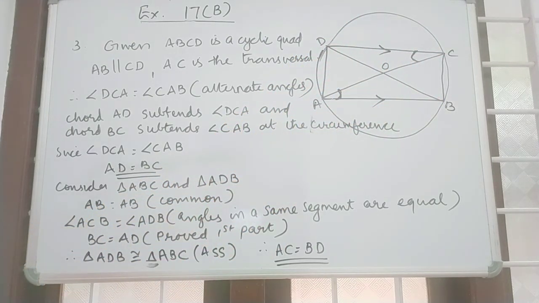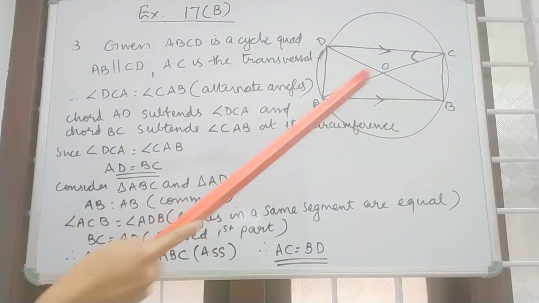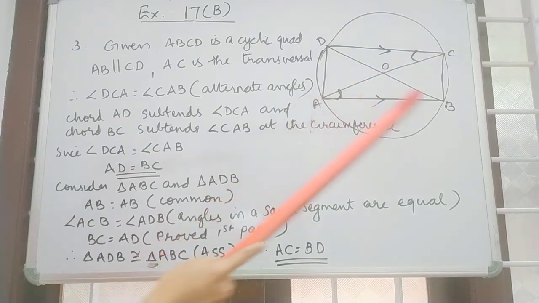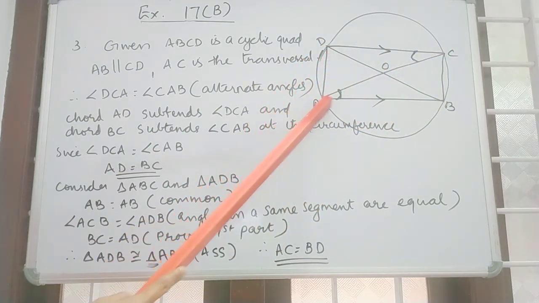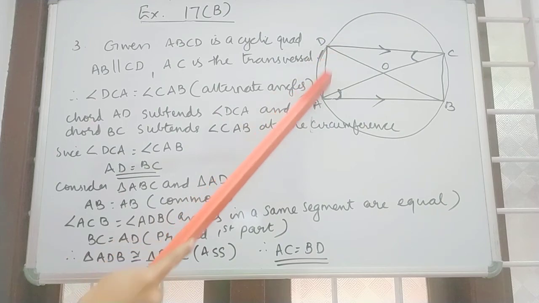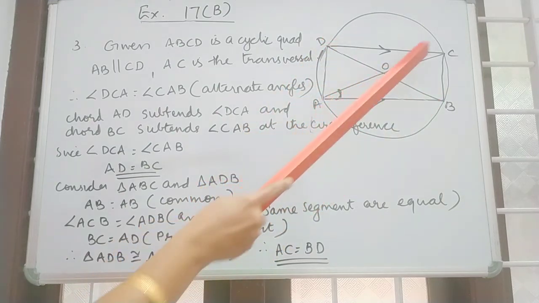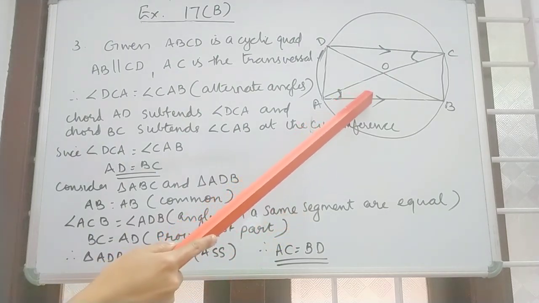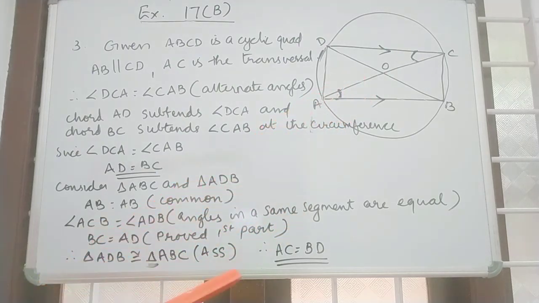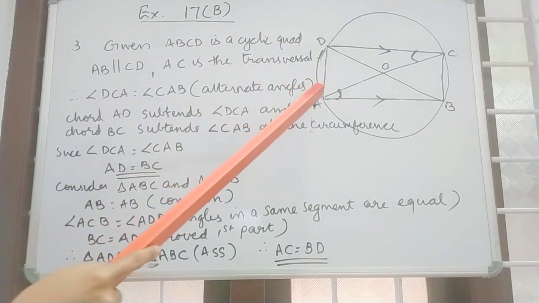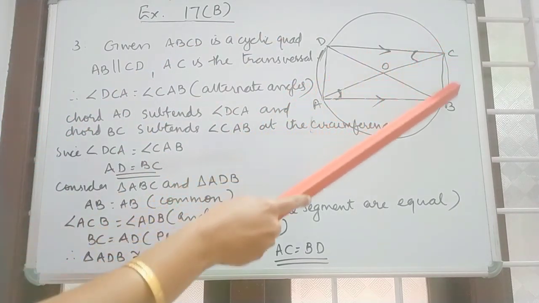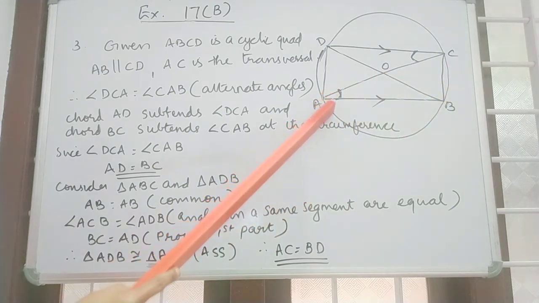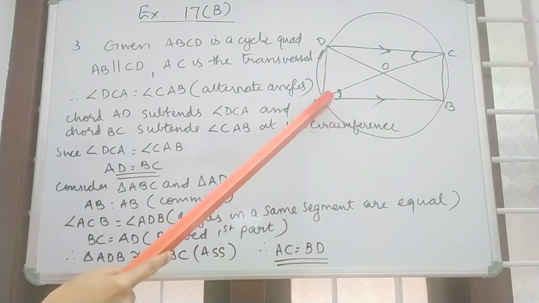For that, consider triangle ABC and triangle ABD. AB is common for both. And angle ACB is equal to angle ADB. Look at angle ACB in the segment AB.